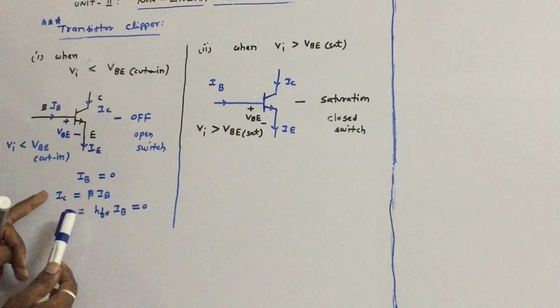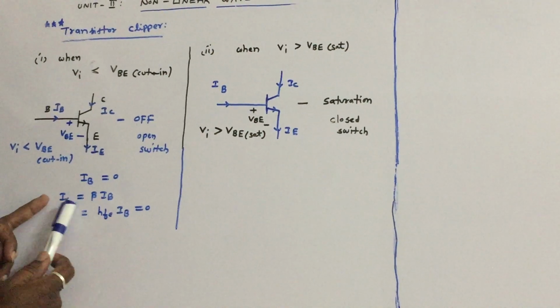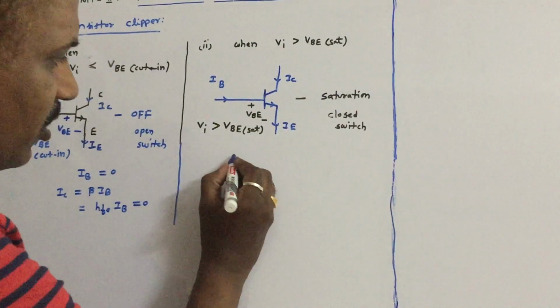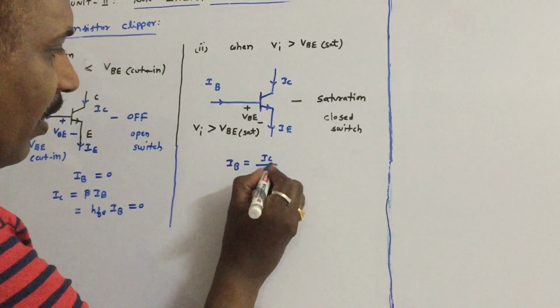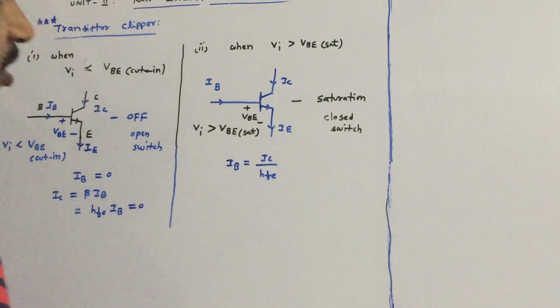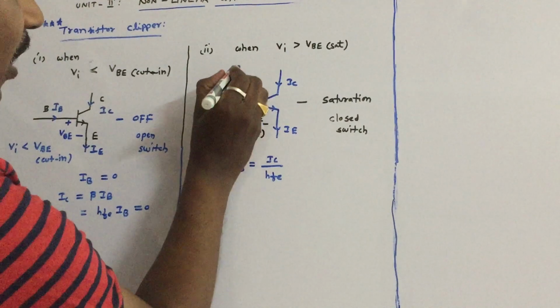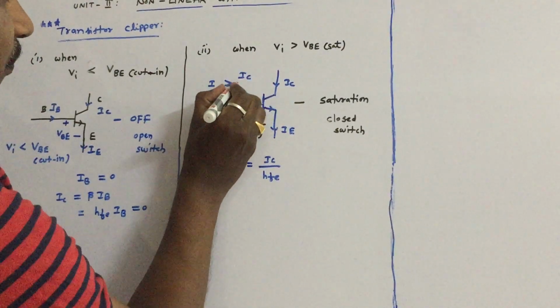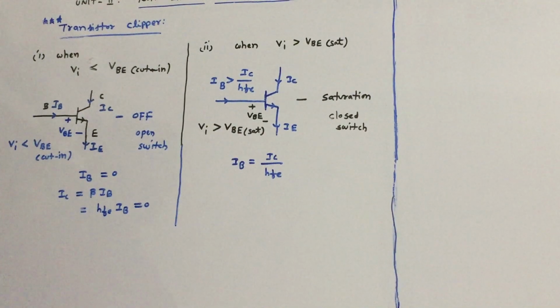In other words, from this formula, what is IB? IB is equal to IC by HFE. You can also say that if IB is greater than IC by HFE, the transistor enters into saturation. This is a very important point for competitive exams.